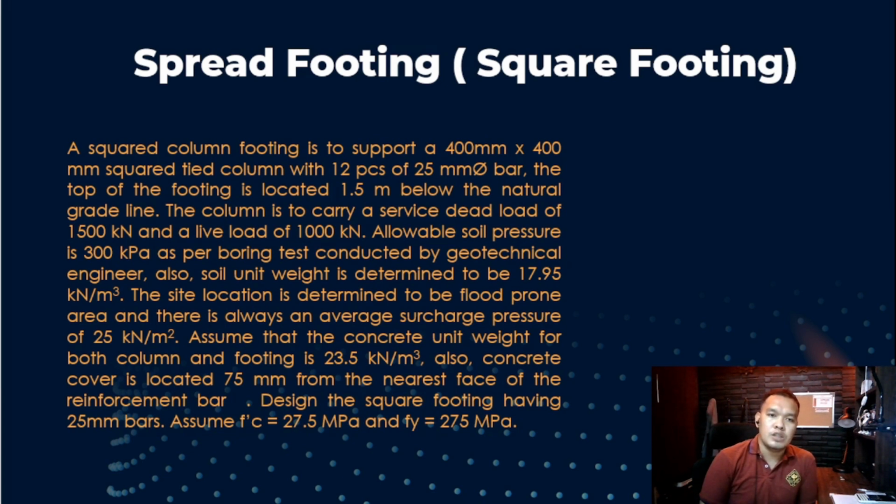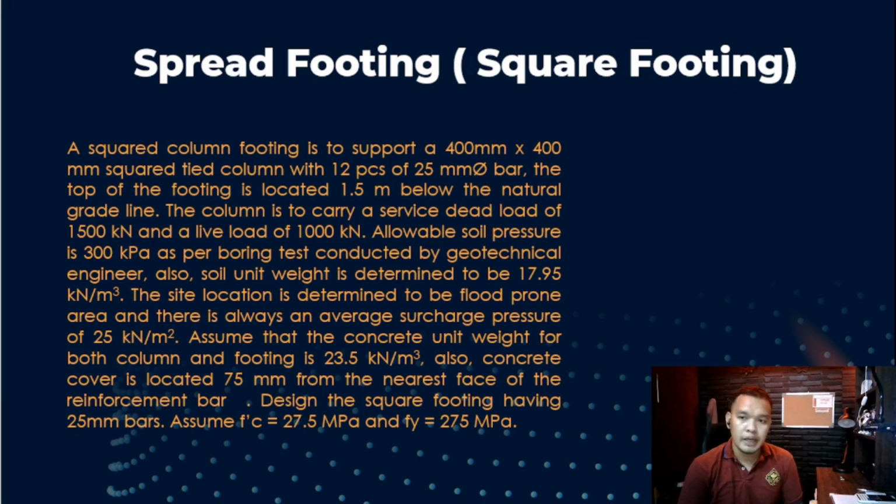The site is a flood-prone area, and there is always an average surcharge pressure of 25 kN per square meter. Assume the concrete unit weight for both column and footing is 23.5 kN per cubic meter. Concrete cover is 75 mm from the nearest face of the reinforcement bar. Design the square footing having 25 mm bars. Assume f'c is 27.5 and fy is 275 MPa.